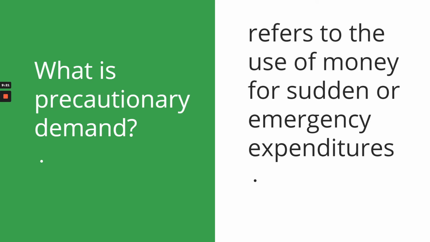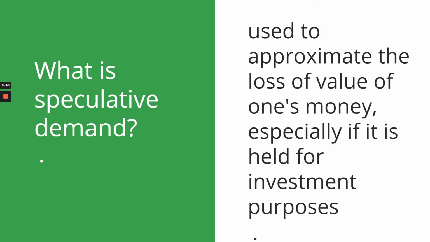The second demand is precautionary demand. This is going to refer to the money that we need for sudden or emergency expenditures. Okay, nanginahanglan ta ani. Pananglitan na emergency, no? Na disgrasya, na ospital. So, kinahanglan nato ning money, which is what we call precautionary demand. The last one is the speculative demand.